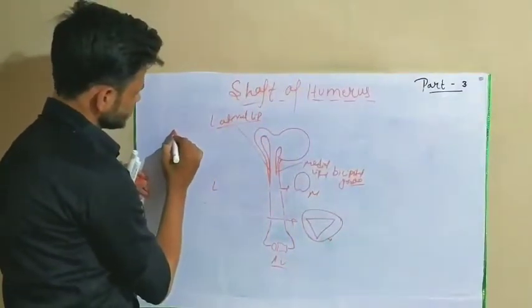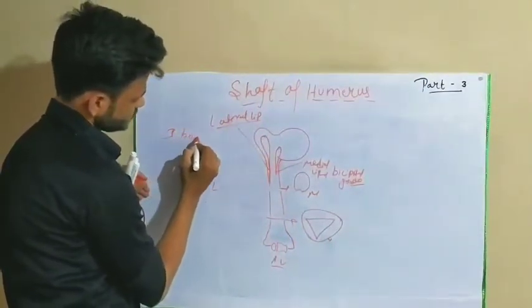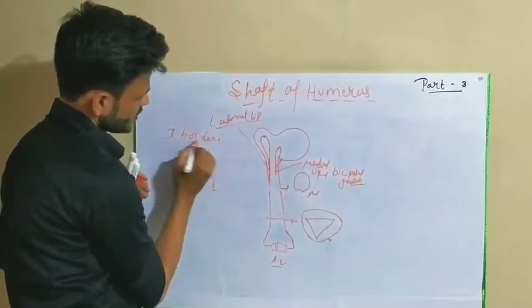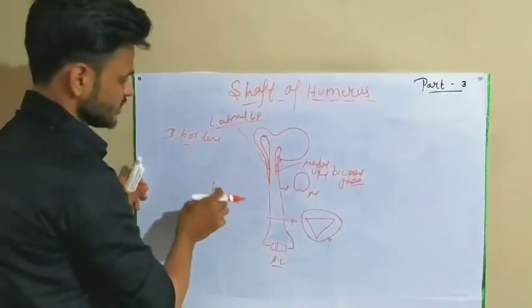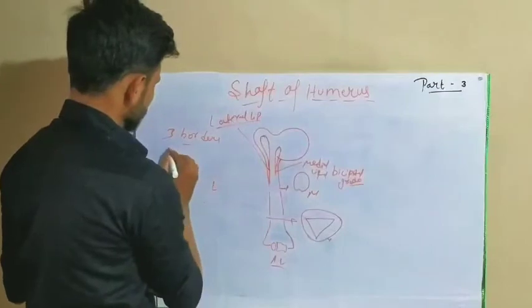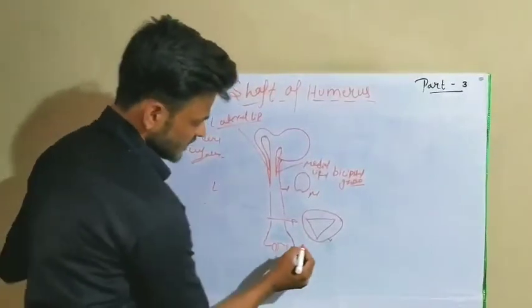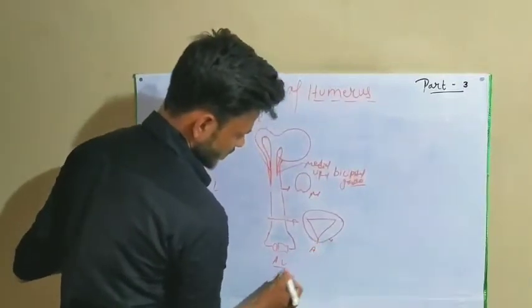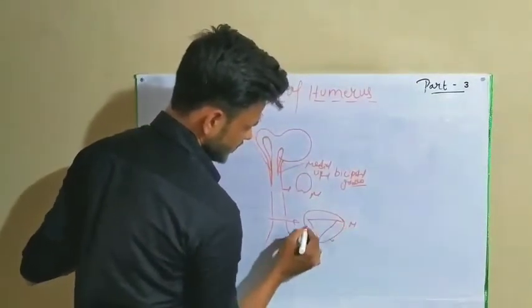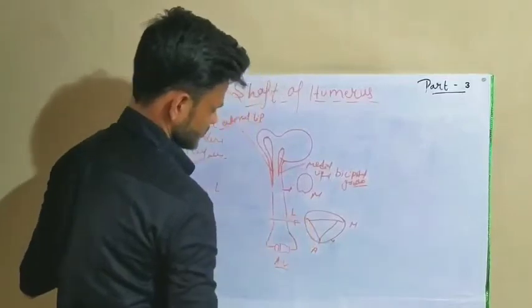There are 3 borders and 3 surfaces on the shaft. The borders are the anterior border, the medial border, and the lateral border.